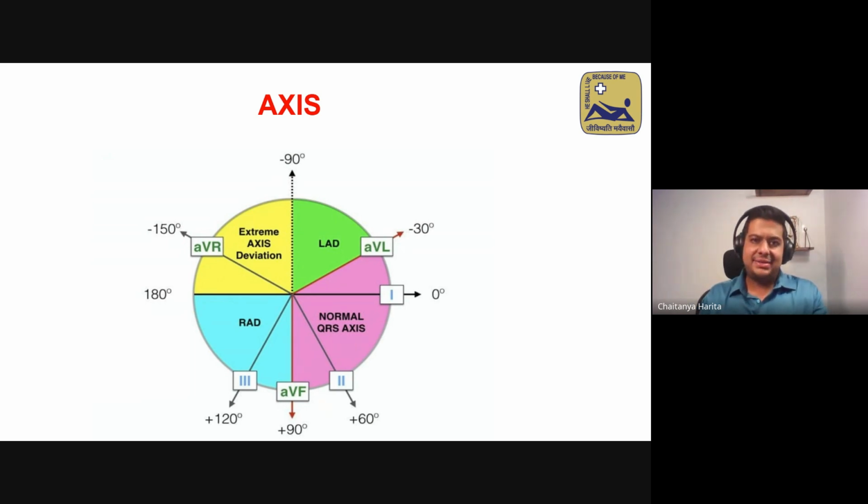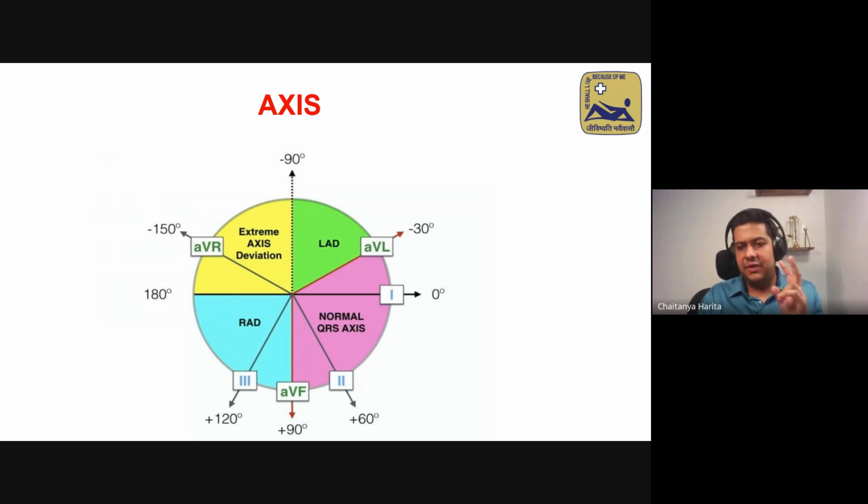The next is axis. Now, why do you want to know the axis? You said right arm to left foot; that is the normal axis, occurring along lead 2. But when the heart enlarges, as the myocardium thickens and becomes larger, or the ventricular conduction system becomes faulty, some parts of the heart may get innervated faster or more than other parts, changing the axis of the heart.